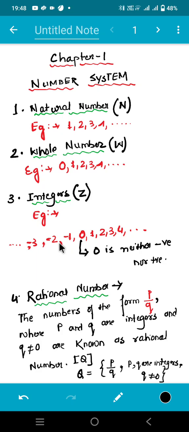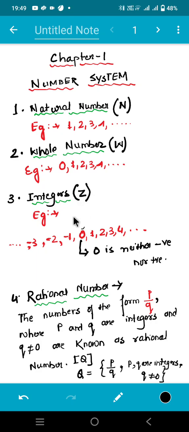So as you see in the example part also I have written, it is natural numbers, 0, and all negative natural numbers, and this forms the collection of all integers. Okay, and it is represented by capital Z.